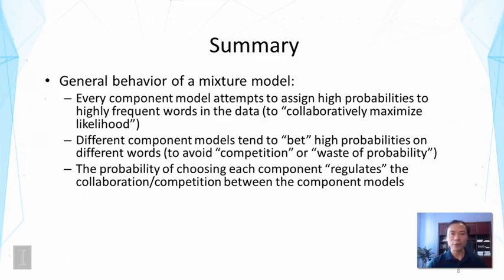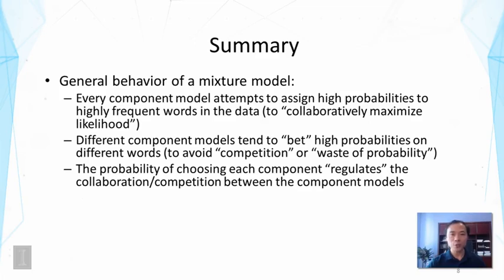First, every component model attempts to assign high probabilities to high frequency words in the data, and this is to collaboratively maximize likelihood. Second, different component models tend to bet high probabilities on different words, and this is to avoid competition or waste of probability, and this allows them to collaborate more efficiently to maximize the likelihood.